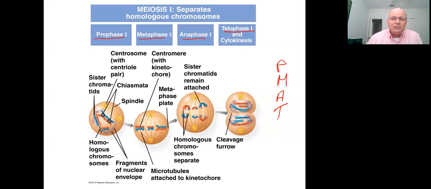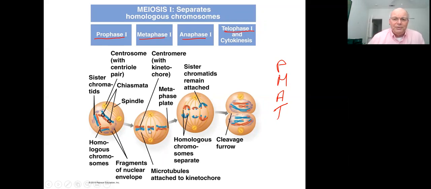But notice that these chromosomes line up in different ways. These two pairs of chromosomes happen to have lined up with the blue chromosome on the bottom and the red chromosome on the top. But this one's gone about it the other way, put the blue at the top and the red at the bottom.